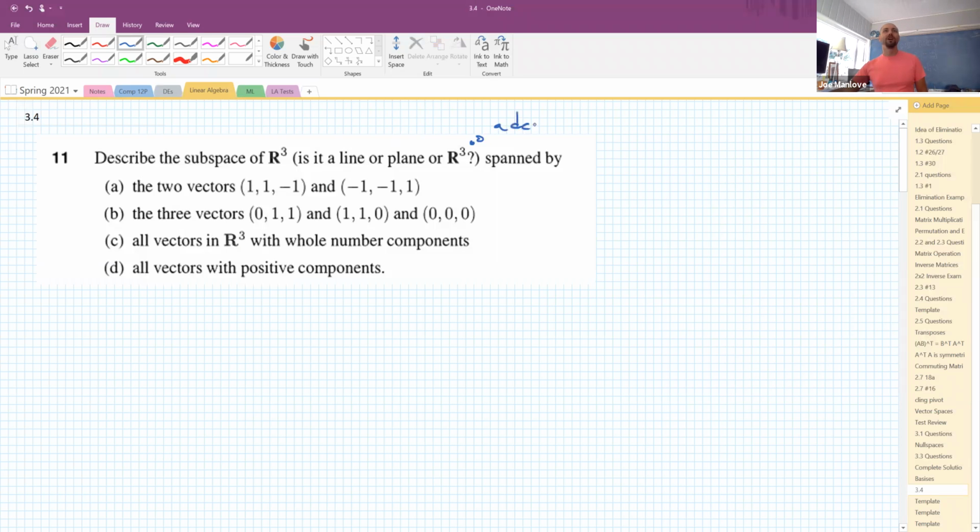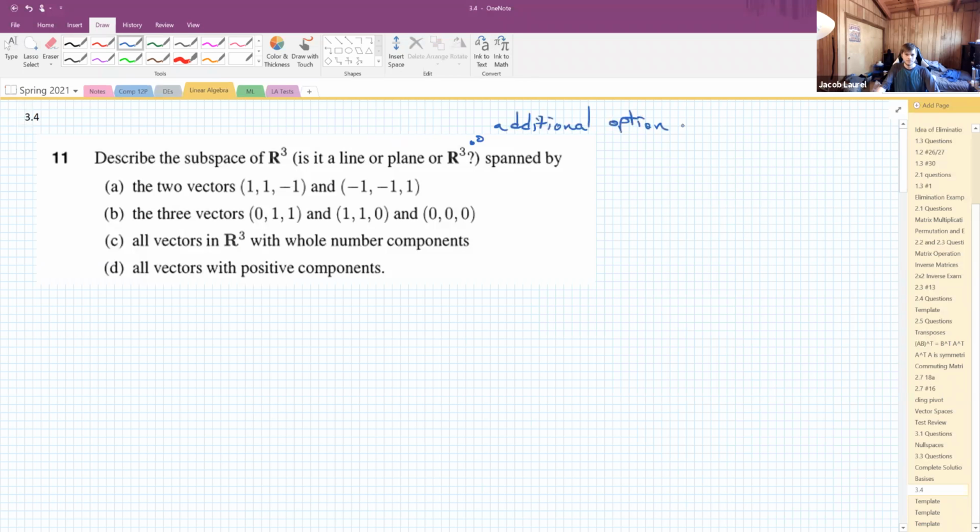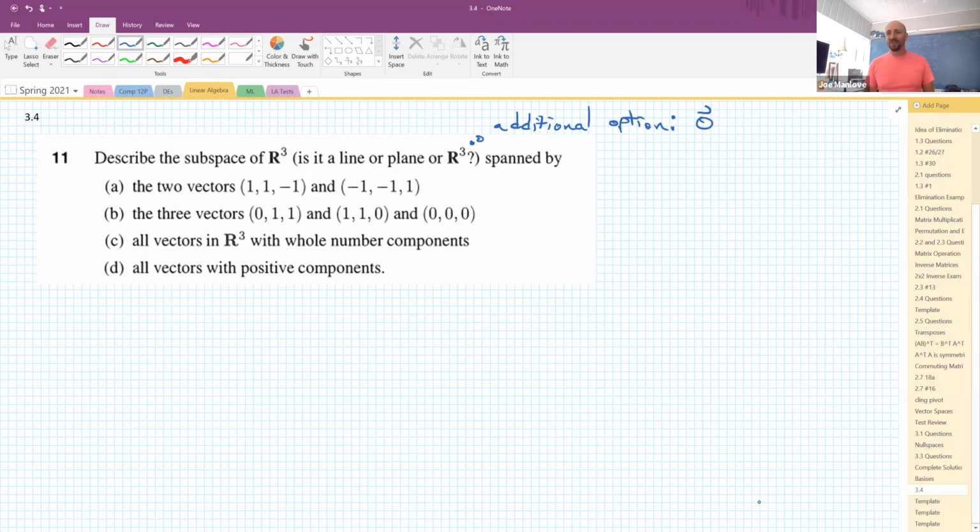So an additional option would be the 0 vector. My sneaking suspicion is that they did not give me anything whose result is the 0 vector. But it's a weird question that I didn't answer in my basis video.